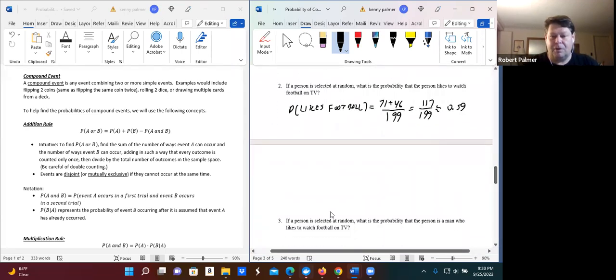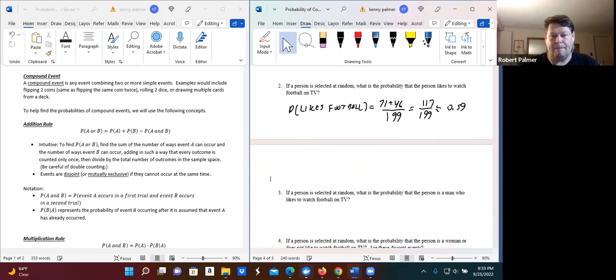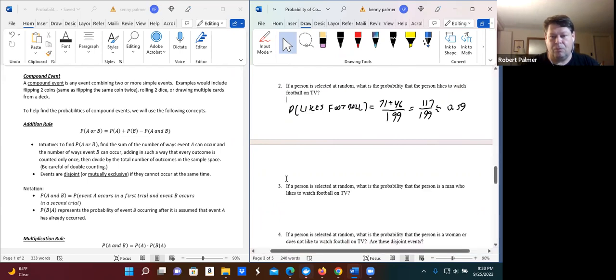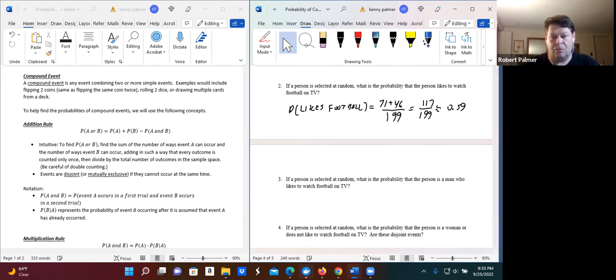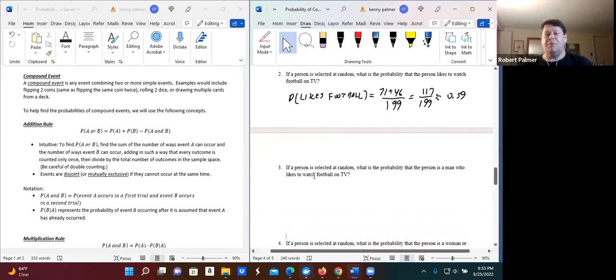Now, let's see what's next. This says if a person is selected at random, what's the probability the person is a man who likes to watch football on TV?